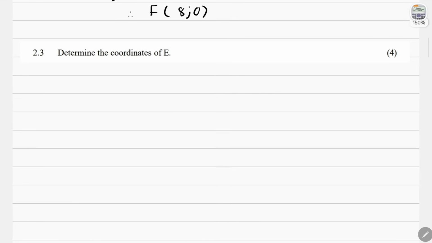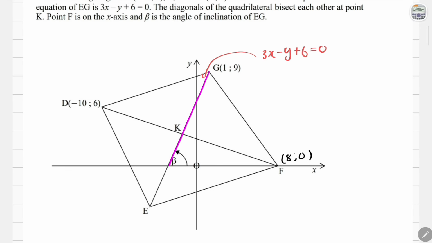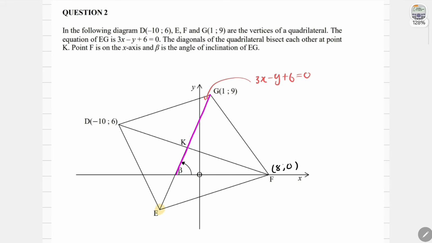Question 2.3 says, determine the coordinates of E. E is over here. Do you remember how they said the diagonals of the quadrilateral bisect each other? Despite the fact that they didn't say it was a parallelogram, they did say that the diagonals bisect each other.